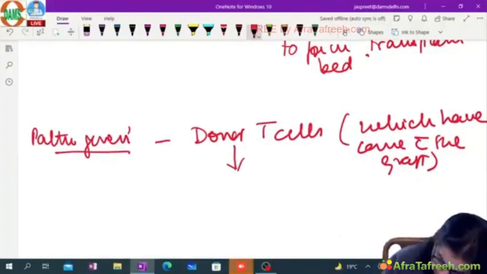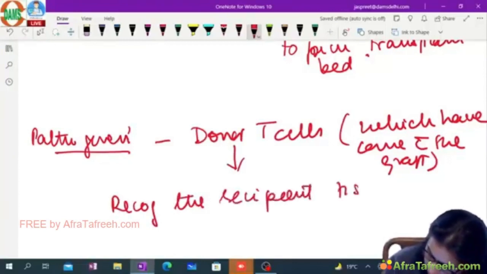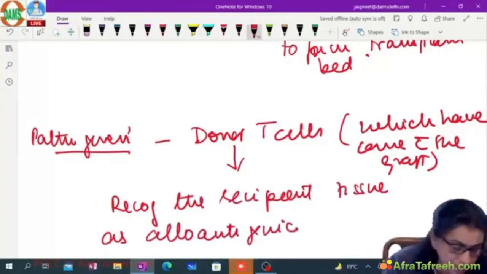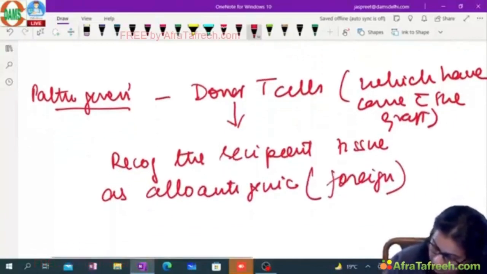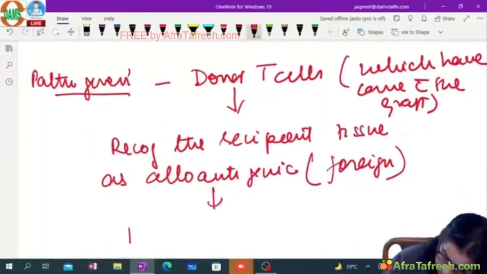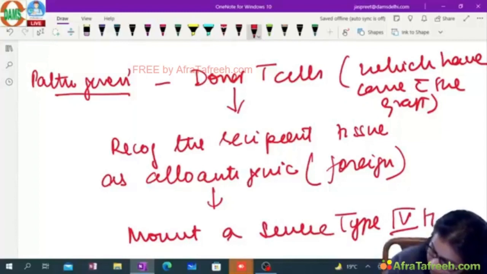These donor T cells recognize the recipient tissue as alloantigenic or foreign, and they mount a severe type 4 hypersensitivity reaction and thus cause destruction.